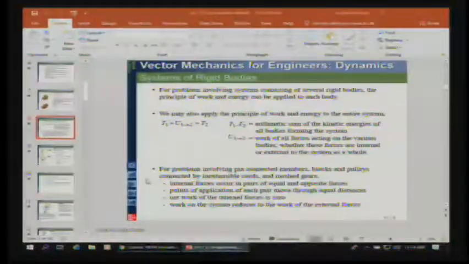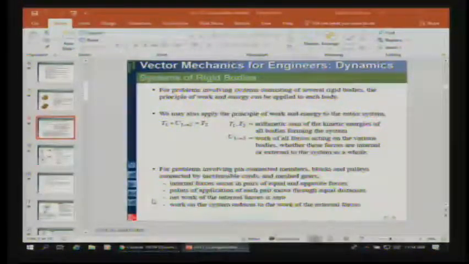The internal forces occur in pairs of equal and opposite and therefore produce no work. Points of application of each pair move through equal distances, and the net work of those internal forces is 0, and work on a system reduces to the work of the external forces. Now that is a greatly simplifying fact.